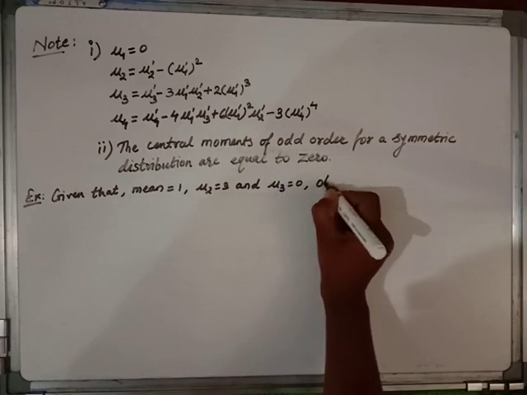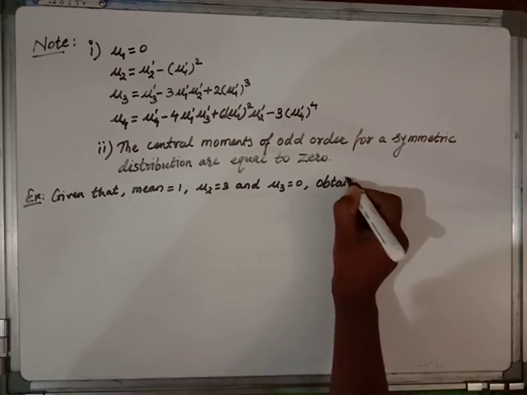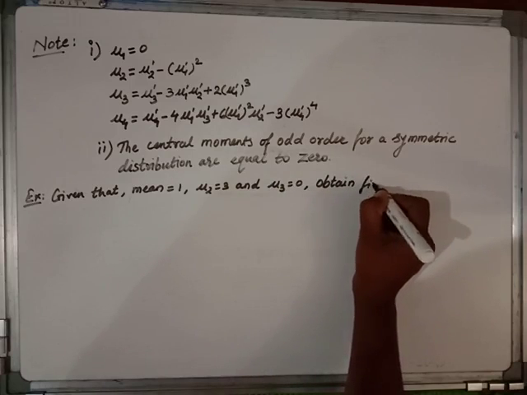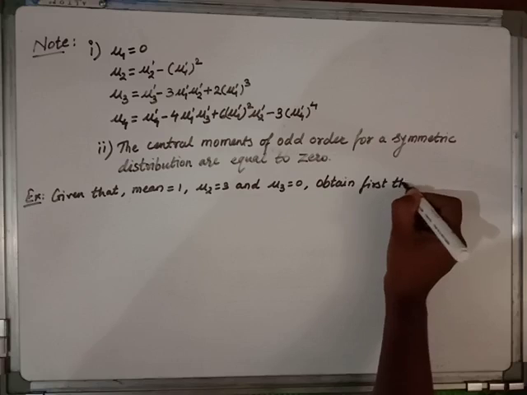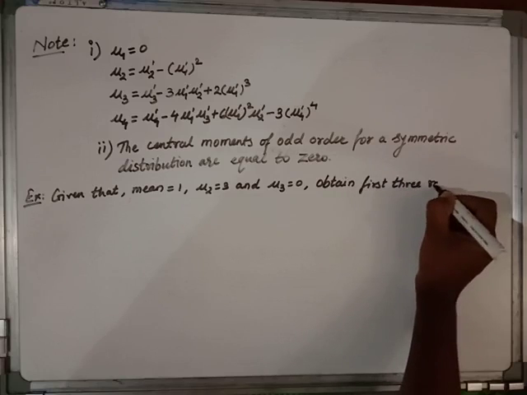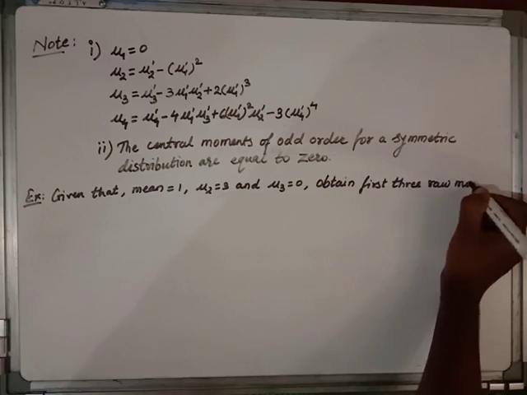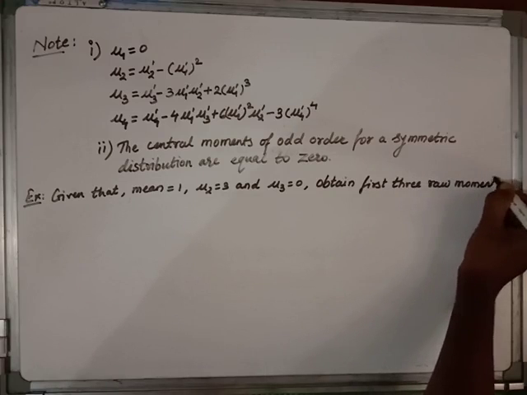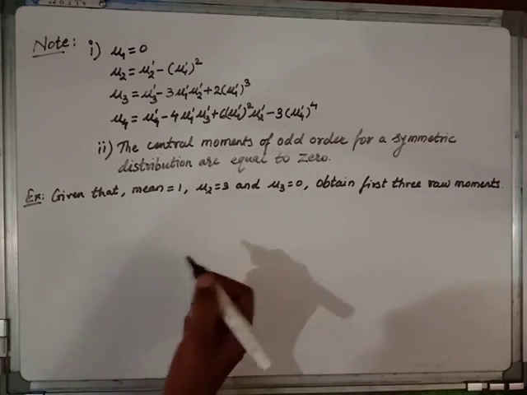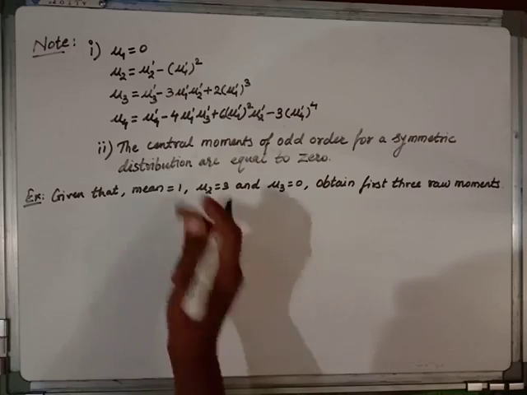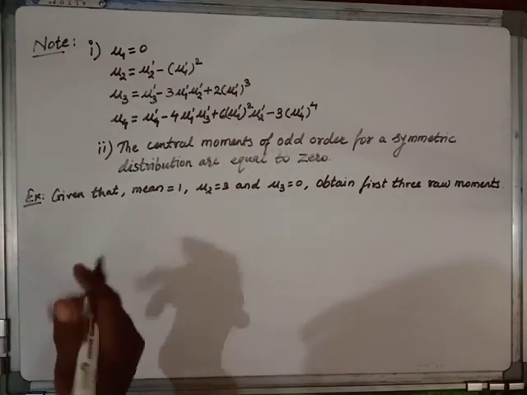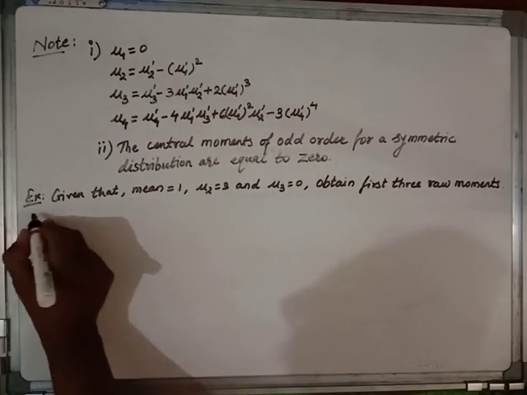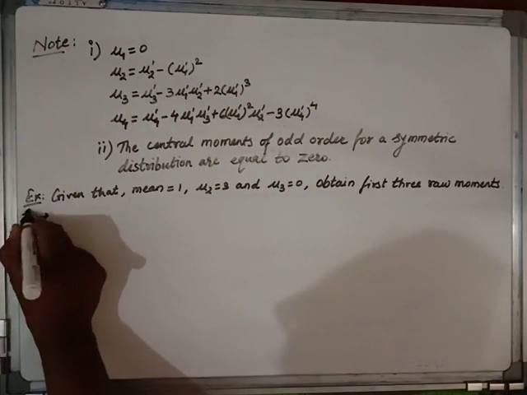Now the question is to obtain the first 3 raw moments. Raw moments means we have to find mu1 dash, mu2 dash and mu3 dash. So for that we will use these relations. Look carefully now at the solution for this.